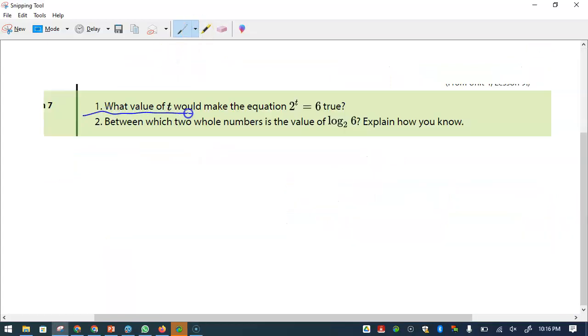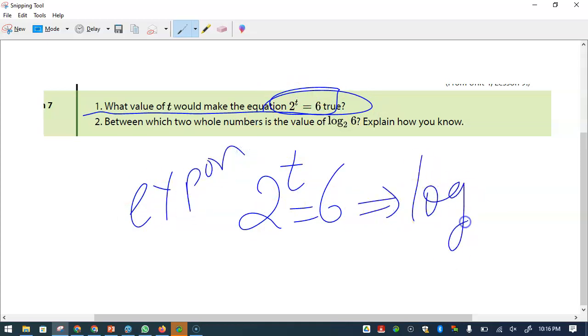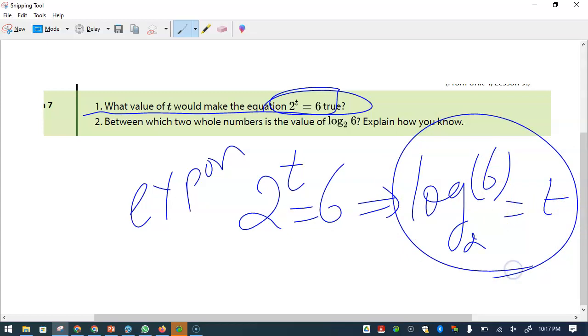So you see this value of t will make this thing true, right? Let's say it is 2 raised to t, this is in the exponential form. We can change it to logarithmic form, and they ask logarithm of 6 to the base 2 is question mark t, right? It's the same thing. Now, we don't have to go too much into that.